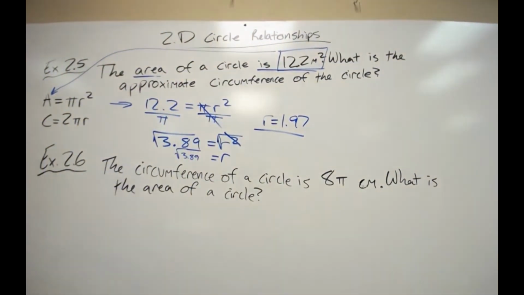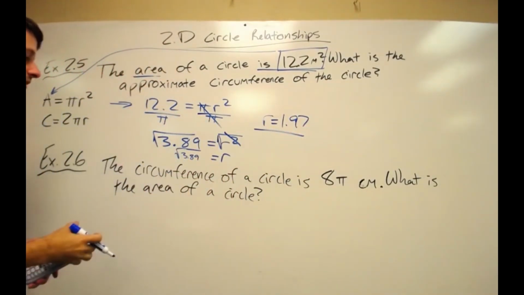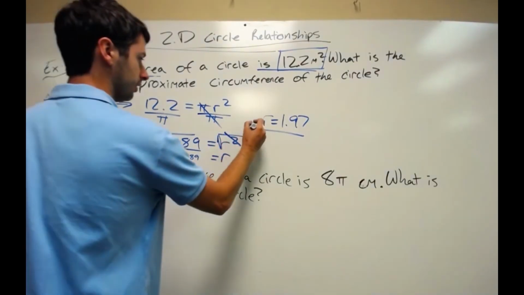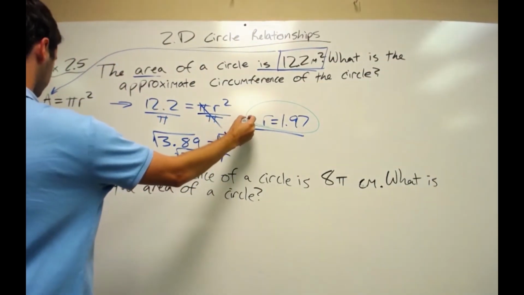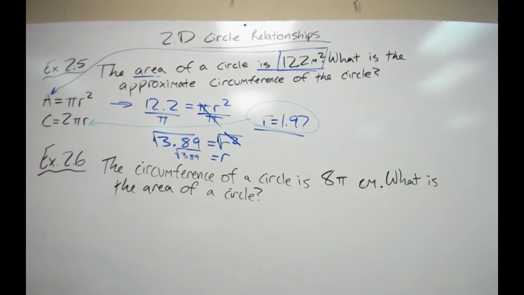Now, did we solve the problem? No, it asked for what's the approximate circumference. However, we do have the radius, and so now all we have to do, I'm going to use one more marker color to keep it organized, is plug in the radius into the formula for circumference for the circle.